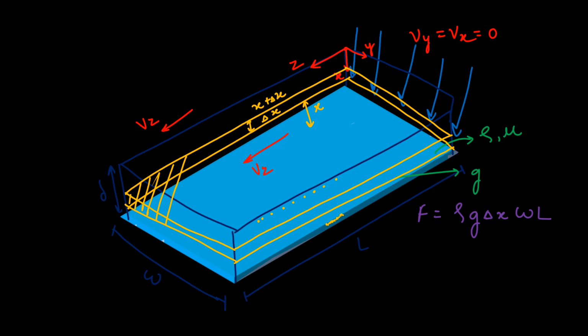Here if I see, my shear stress will be tau xz, on x plane in z direction at x, right? And here, my shear stress will be tau xz, it will be negative, on x plus delta x.